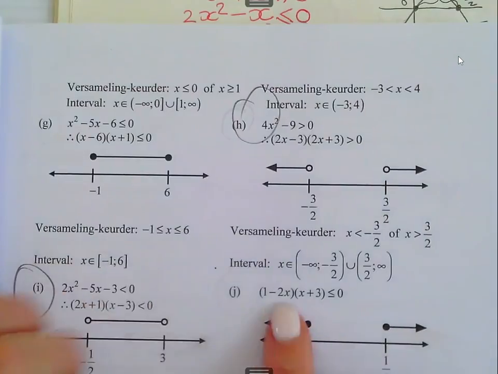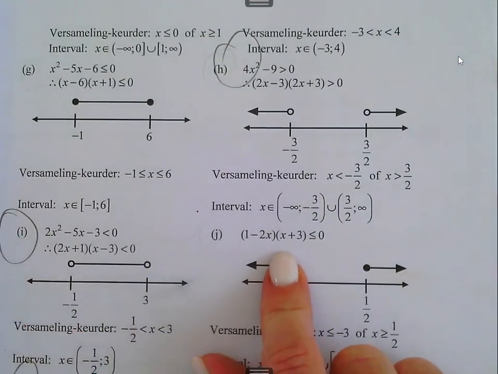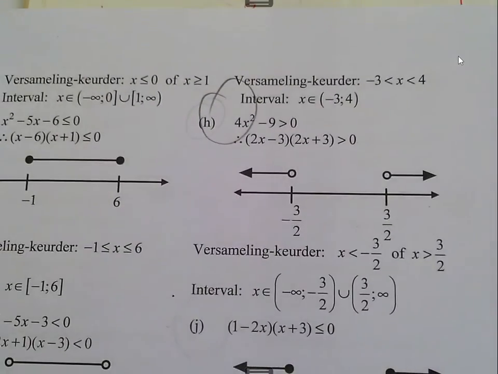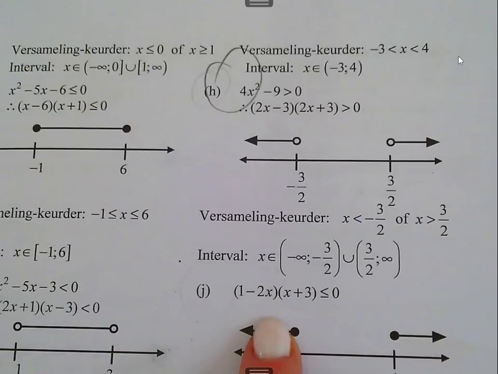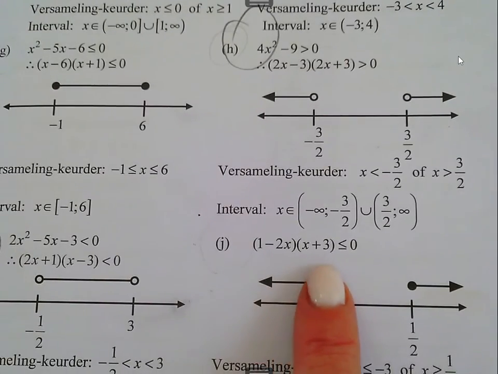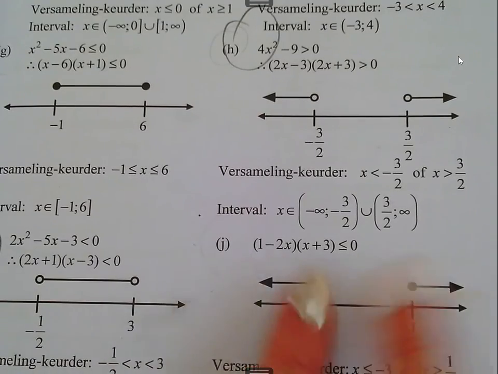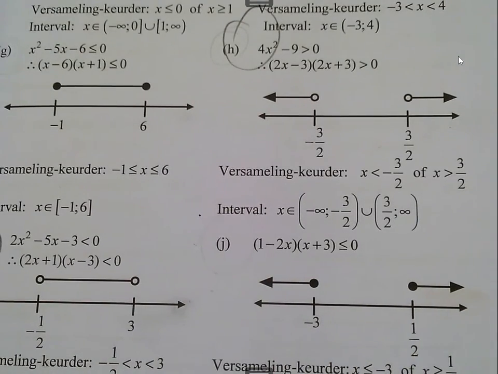Okay, now I want to ask you one question. Look at Jay. It says 1 minus 2x, x plus 3, and then they're saying smaller than, but the answer is on the outside. Can you tell me why? I will tell you why.